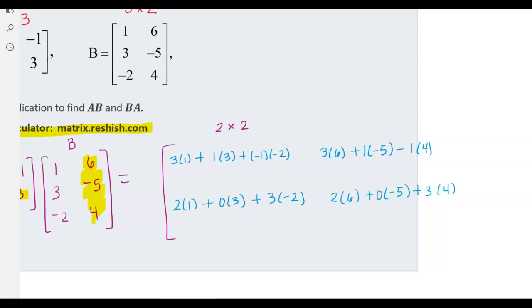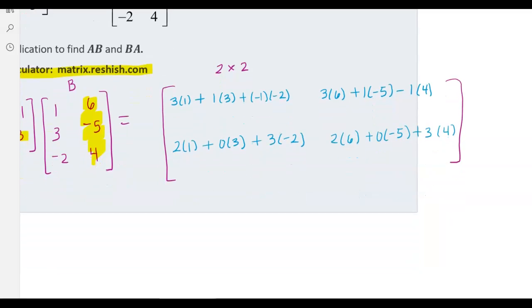All right, so let's put this all together. Here I've got 3 plus 3 minus 2, which is, wait a minute, plus 2, 8.